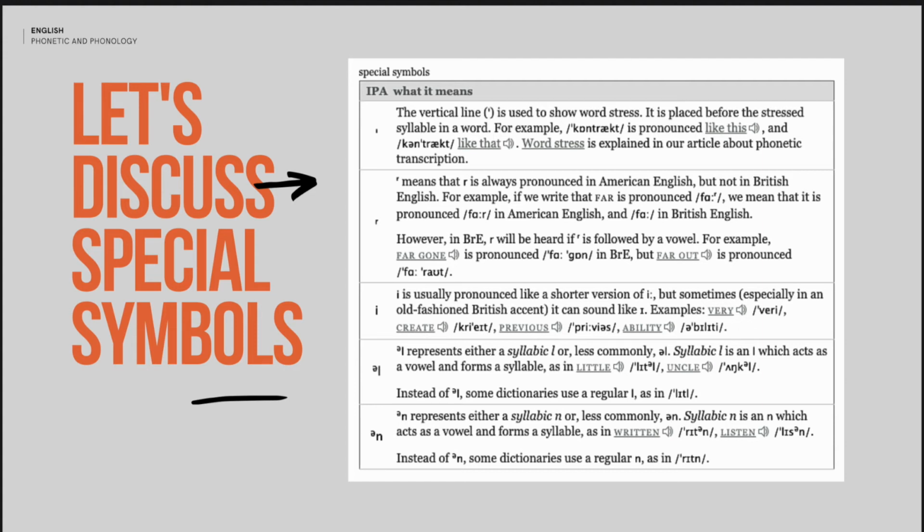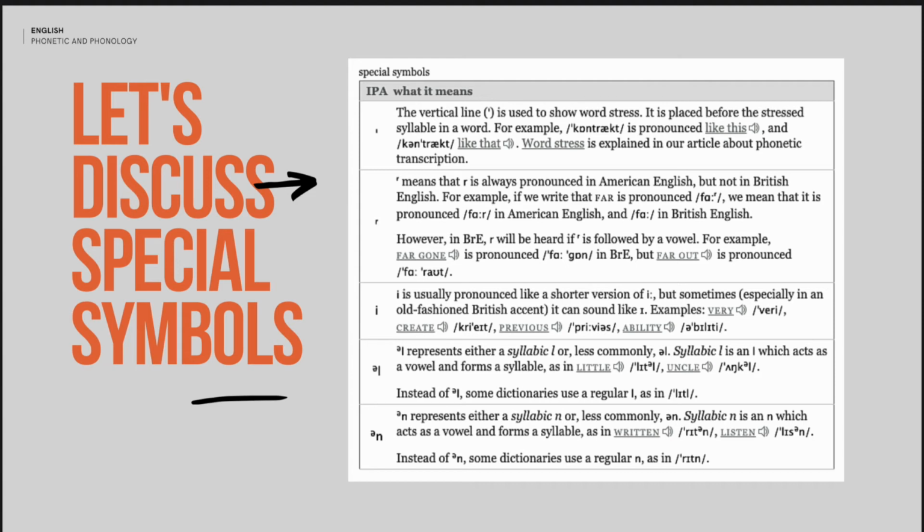However, in Bray, R will be heard if R is followed by a vowel. For example, foregone is pronounced forgone in Bray, but far is pronounced far.